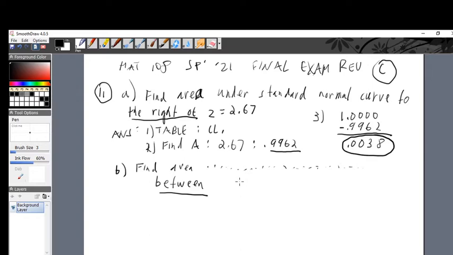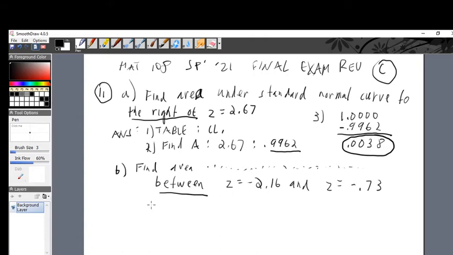There's left, there's right, and there's between. 3 types of questions. Between the z equals minus 2.16 and z equals, in this case, minus 0.73. They're both minus, but I don't care. Find both areas and subtract the smaller from the larger.